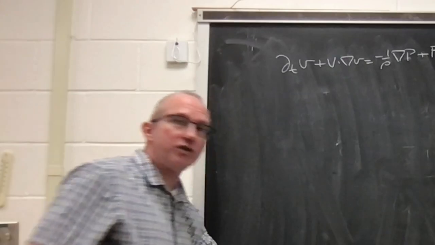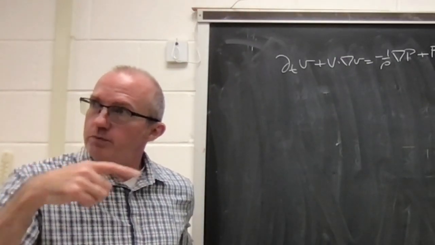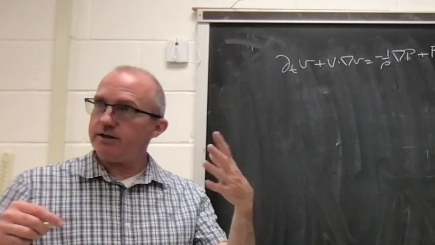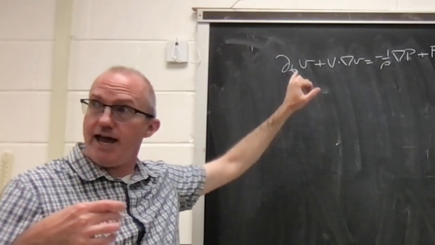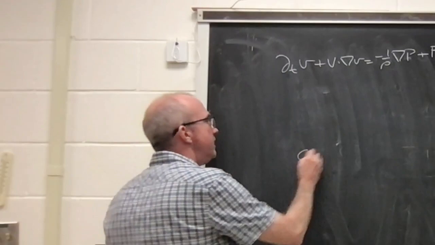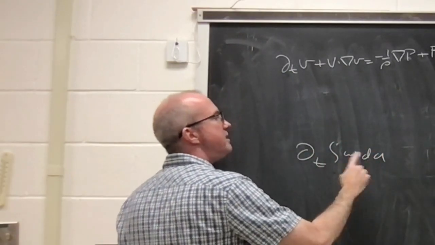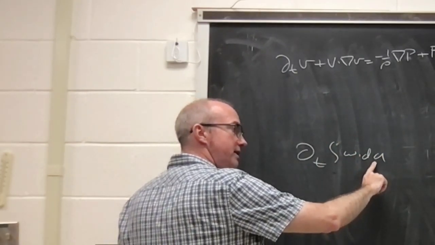Very important that that's a partial t. In the previous derivation, those are all full derivatives because the surface is moving with the fluid. The partial derivative is fixed with respect to space. So if I had said partial t of the integral of omega dot dA, this is a simpler expression because that's holding dA fixed.